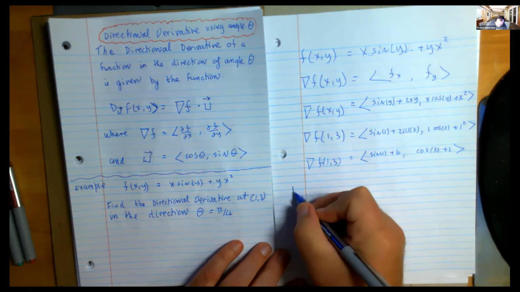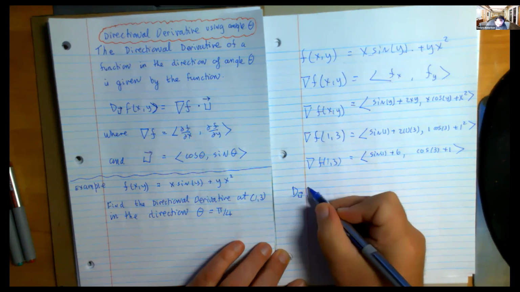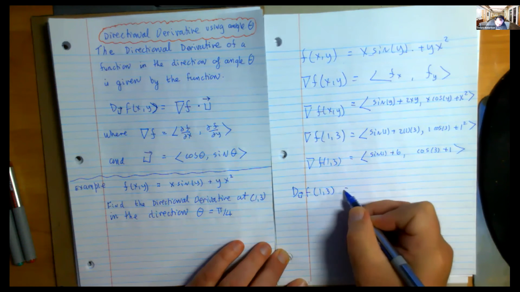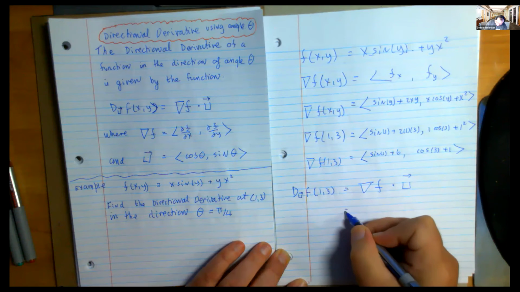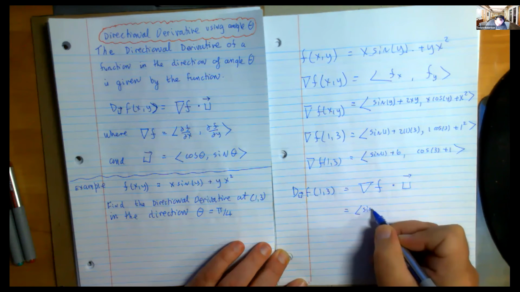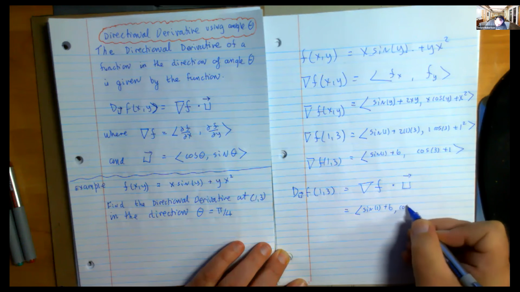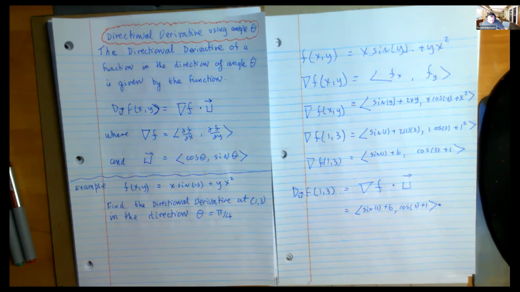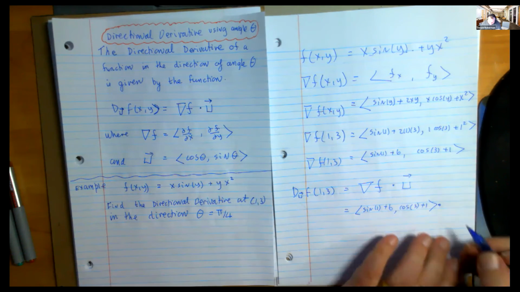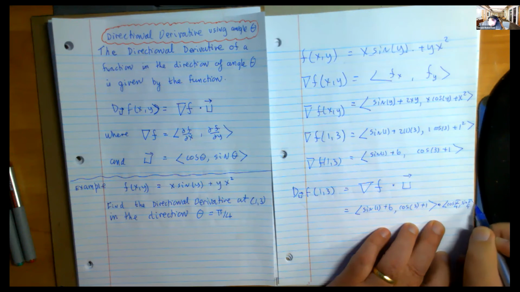Now, the direction derivative at the point (1, 3) is going to be our dot product: the sine of 1 plus 6, comma, cosine of 3 plus 1, dotted with the direction pi upon 4, so the cosine of pi upon 4 and the sine of pi upon 4.